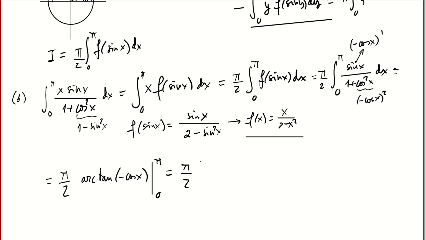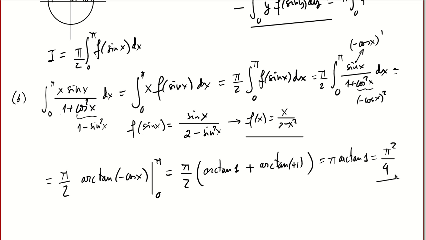This is pi half multiplying this, substituting pi, cosine pi is negative 1, so this is 1, so the arctangent of 1, minus, and then the cosine of 0 is 1, the arctangent of minus 1. But the arctangent is an odd function, so we can extract the sign out of the function, so we just have twice the arctangent, so what we have here is pi times the arctangent of 1, which is pi squared divided by 4. So that's the answer to the second part.